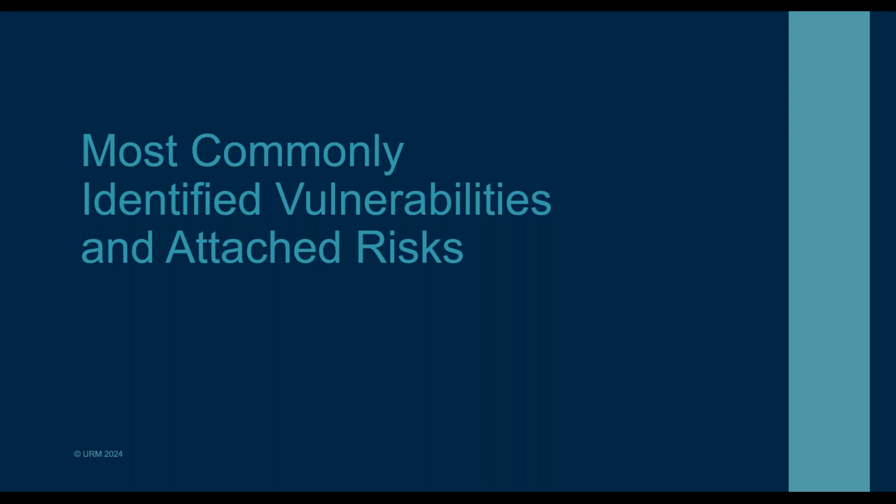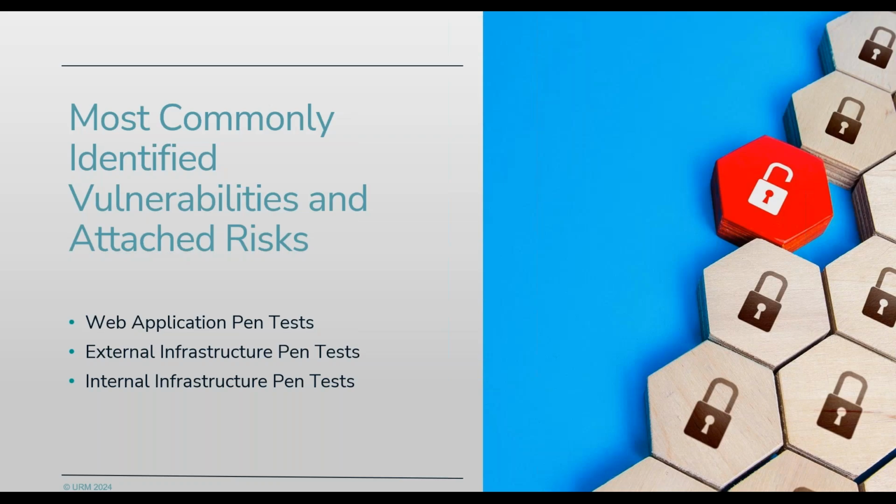What we'll dive into now is some of the most common vulnerabilities that Jun and the team find, and what it really means. What are the real risks of those vulnerabilities being found during testing? To prepare for this webinar, we've extracted data and analyzed the vulnerabilities we've raised during our pen tests in the last year or so.